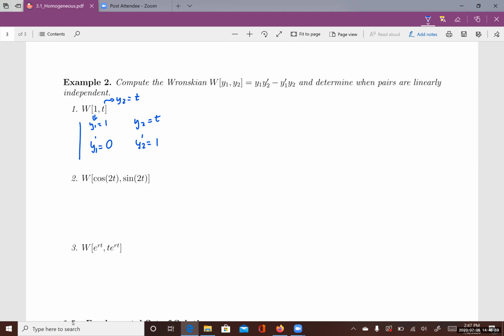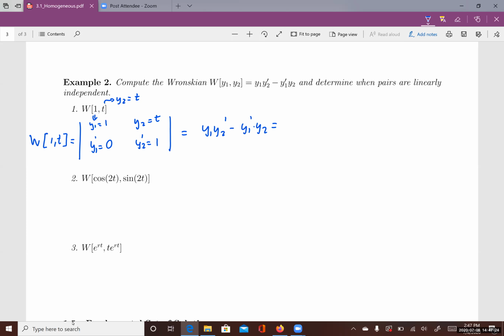Okay, then the Wronskian of 1 and t equals y1 times y2 prime minus y1 prime times y2.